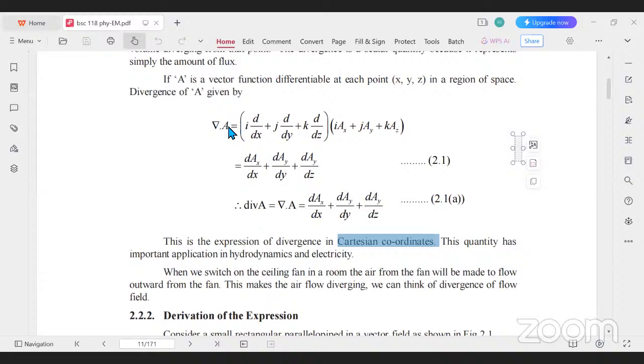X axis, Y axis. So this will be the X. This will be the Z. And this will be the Y. Clear? So I just want to tell you what the Cartesian coordinates are, because this will be continuously repeated till you complete your degree.